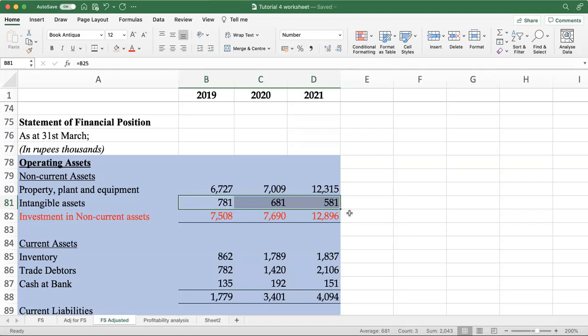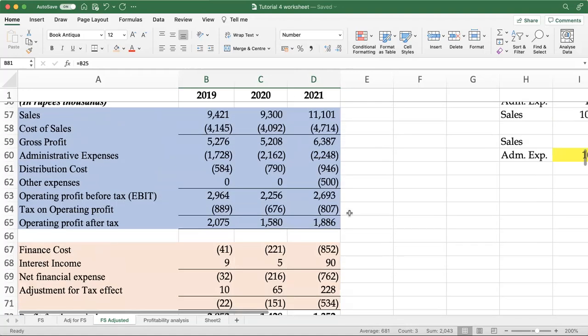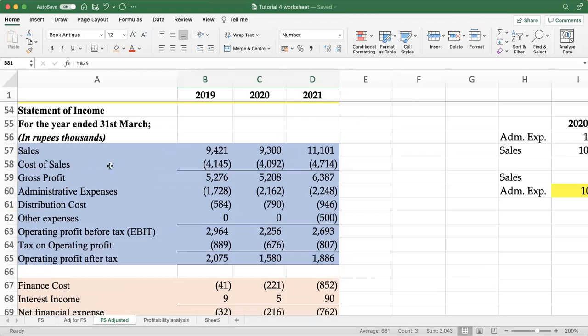That usually happens because at the end of each year, you have to do an impairment test and make the necessary adjustment for impairment. So usually we expect this kind of behavior for intangible assets. Now you see, while intangible assets value is declining, your sales value is increasing. 2019 sales 9,421, 2021 sales 11,101.